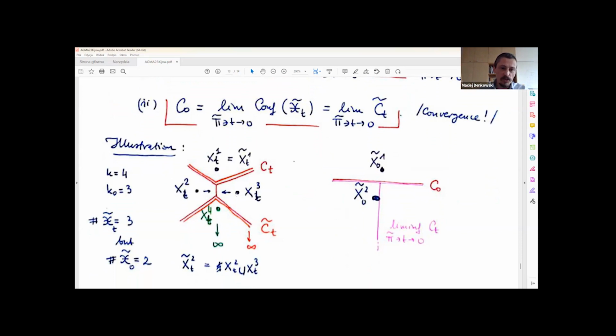We have 2 points x2 and x3 that will move and merge. And we have a 4th point, x4, that goes to infinity, disappearing at infinity. So for each t, you get in red the conflict set, the Voronoi diagram, right? It's this shape that you see here.